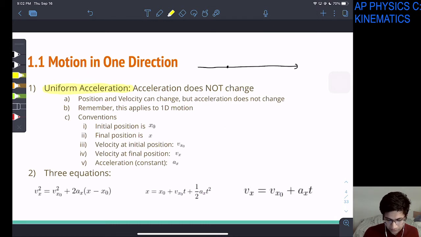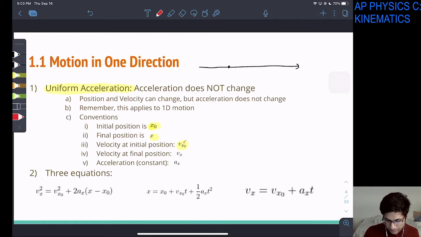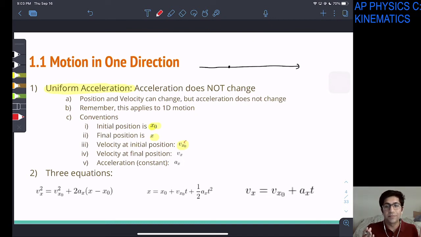Initial position is x naught, final position is x, velocity at the initial position is vx naught. The subscript x is just saying that the velocity is along the x direction, and the subscript 0 or naught is just designating that this is the beginning.